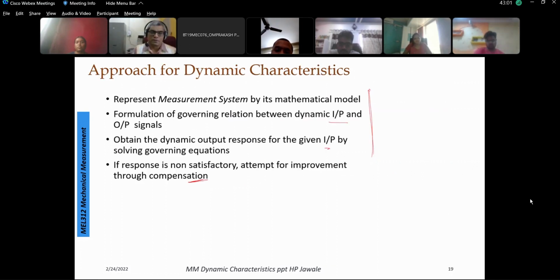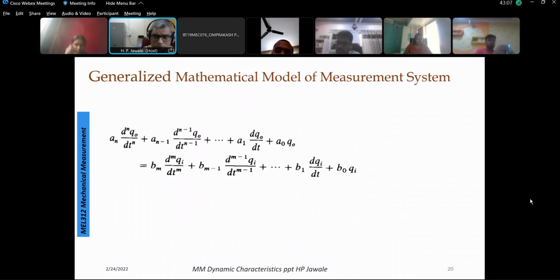So now we are going to understand the mathematical formulation for the measurement system.